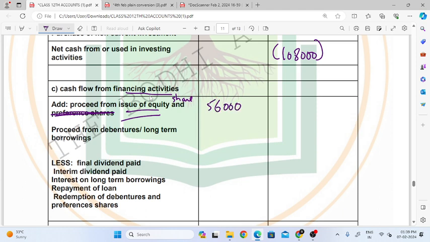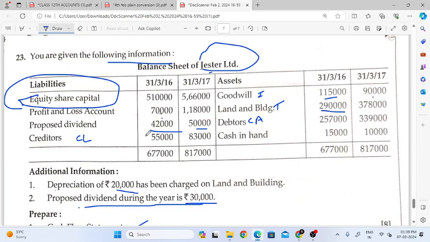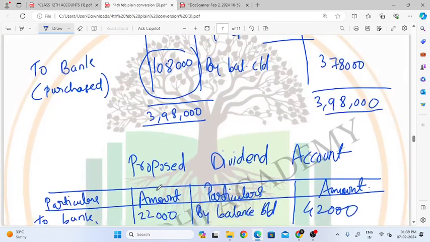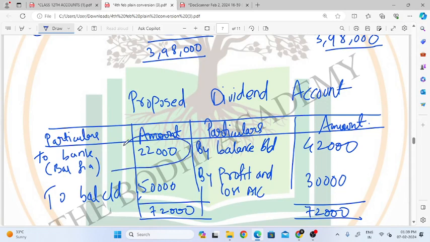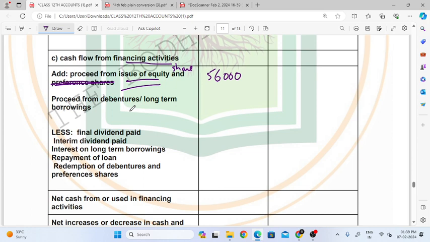Then any other thing? Dividend paid. The balancing figure we got is 22,000, which is the final dividend paid. So 56,000 minus 22,000, we are getting 34,000.